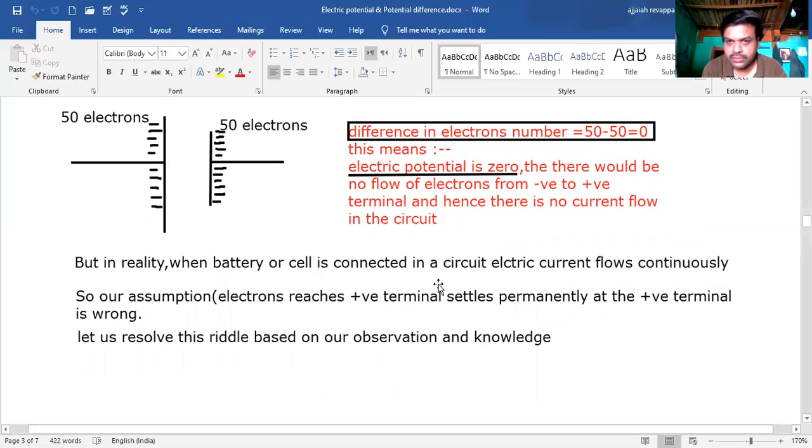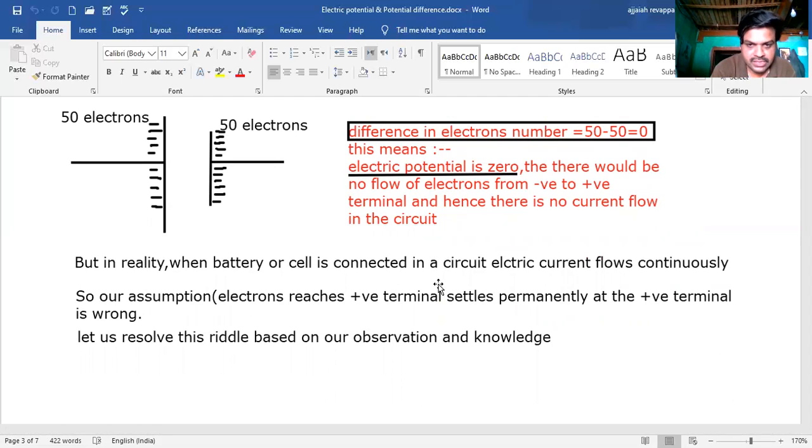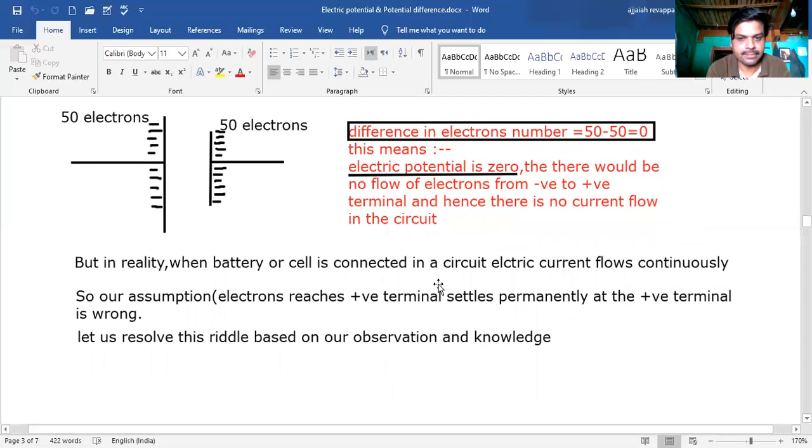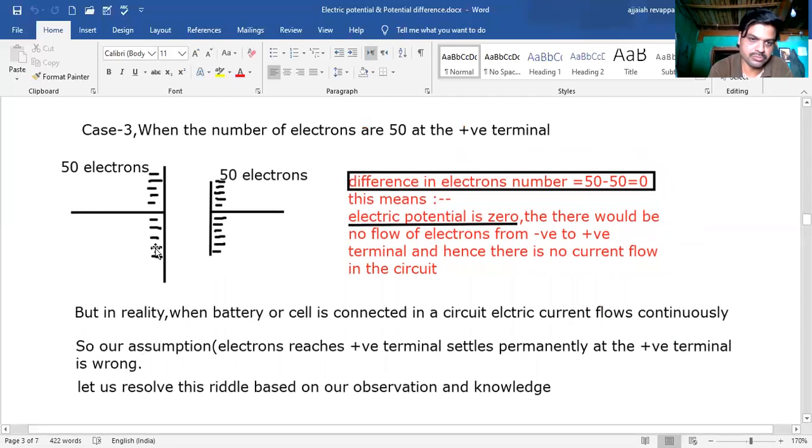So there is no decrease in the electric current, and there is no question of current becoming zero. There is always a continuous, constant flow of electric current. Then our assumption is wrong. What is our assumption? That all the electrons from the negative terminal come and settle at the positive plate of the cell or battery. This is what we assumed initially. This is wrong.